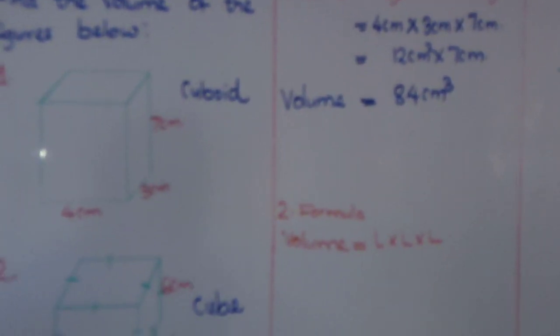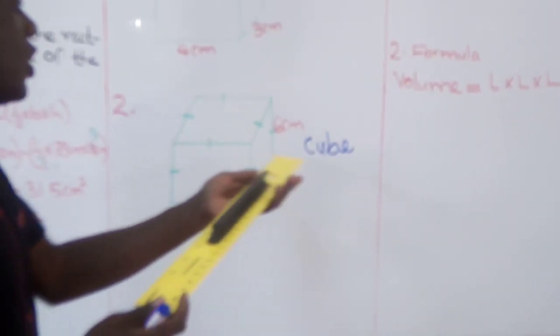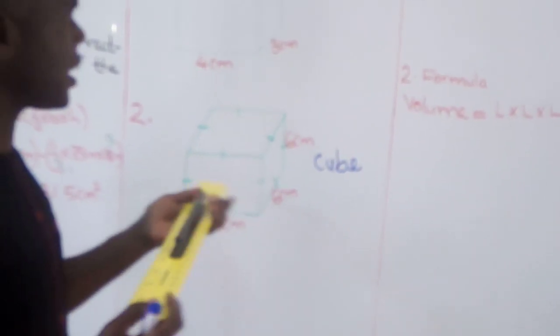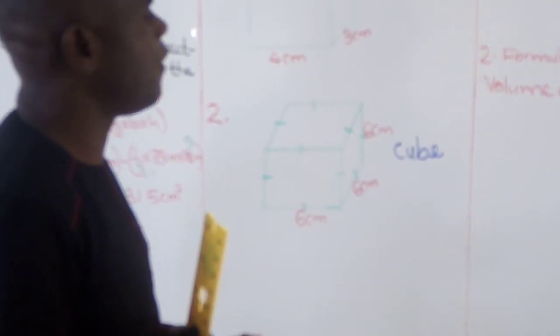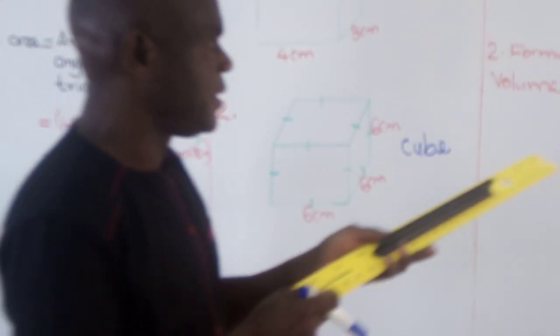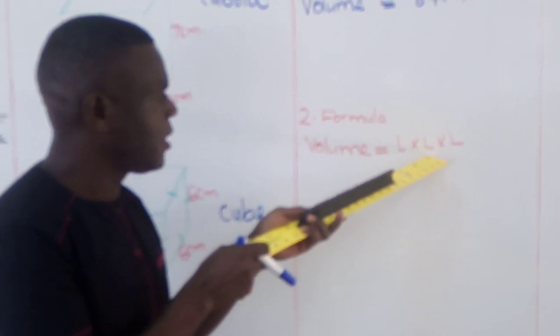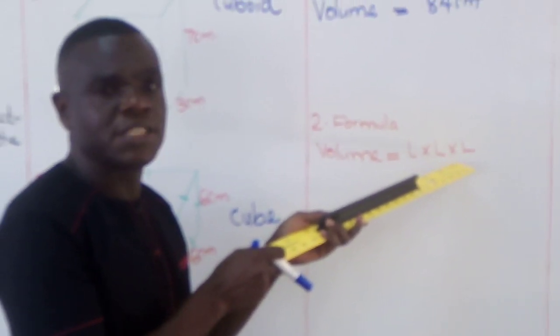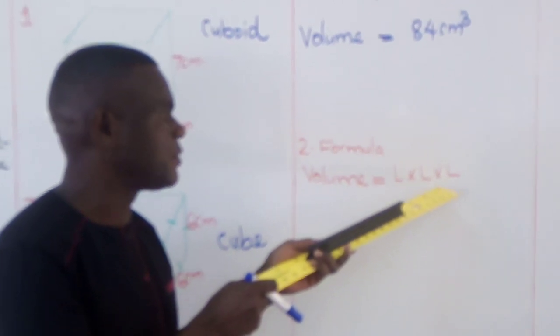Let's look at shape number 2, and it is a cube. The formula for finding the volume of a cube is length multiplied by length multiplied by length. Why length times length times length?